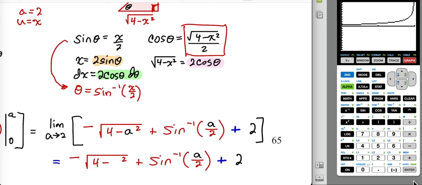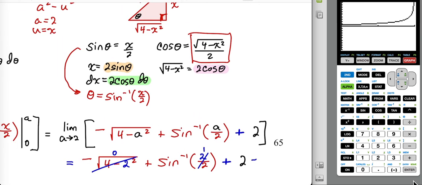I'm plugging in a 2 everywhere I have an a. This is going to go to 0. If I replace this with a 2, the inverse sine goes to a 1, and the inverse sine of 1 is equal to pi over 2, so we're looking at pi over 2 plus 2. So this one definitely converges also.